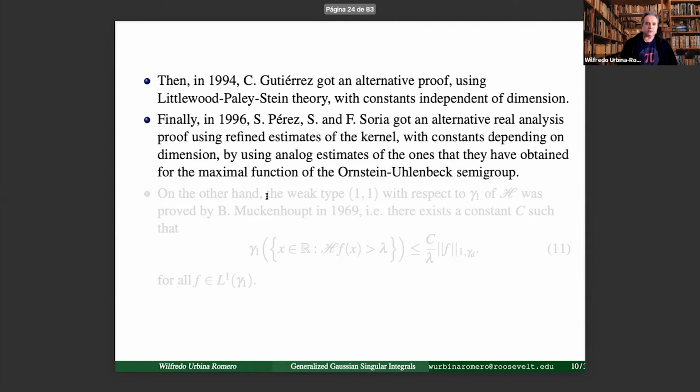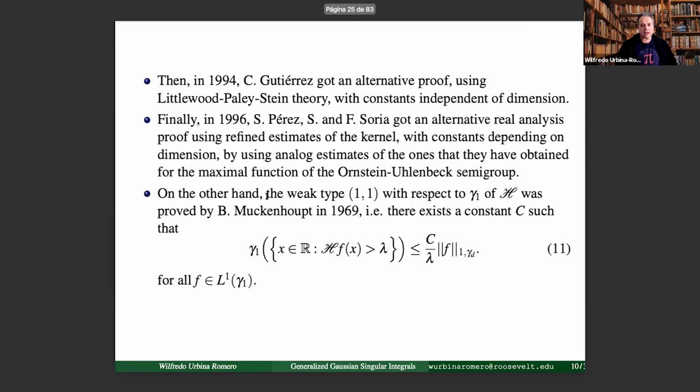And finally, for the Riesz transform, we have in 1996 a beautiful and powerful work by Sonsoles Perez and Fernando Soria that got an alternative real analysis method proof using refined estimates of the kernel. They first proved it for the maximal function of the Ornstein-Uhlenbeck semigroup, and using the same method they were able to cover the singular integral.